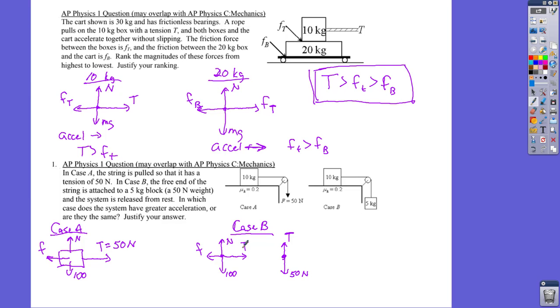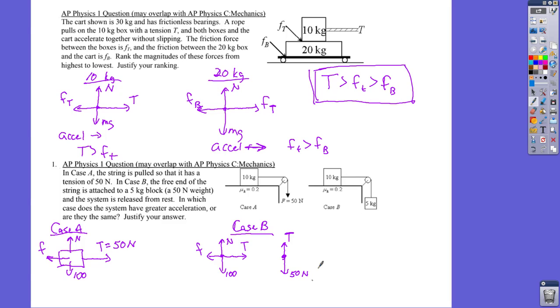In this case we know that the acceleration is basically based on this tension. So if we can compare this tension to this tension, we'll kind of answer the question. So we know that that is 50. So if this is accelerating downward, what do we know about T compared to 50? Does it have to be greater than, less than, or equal to 50?